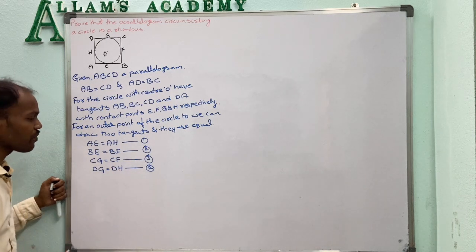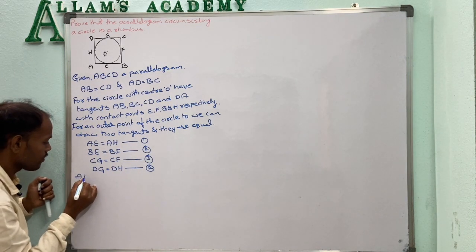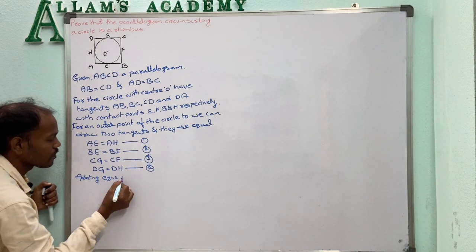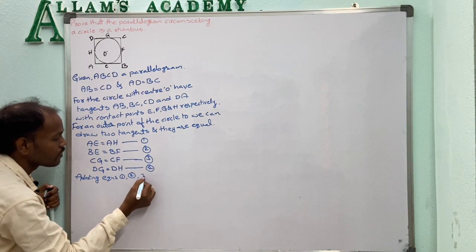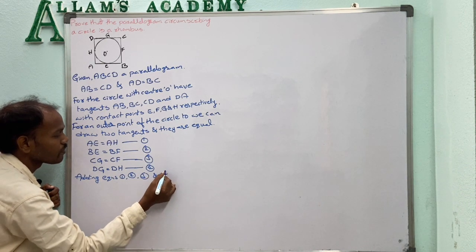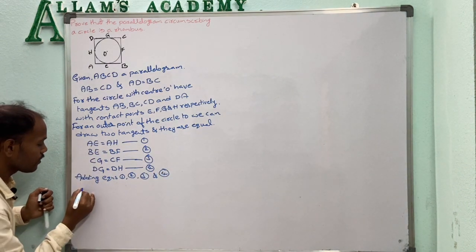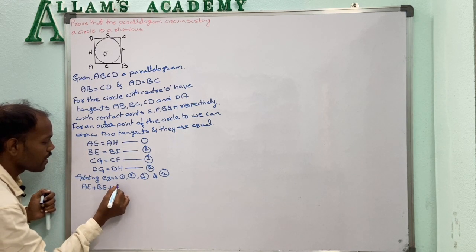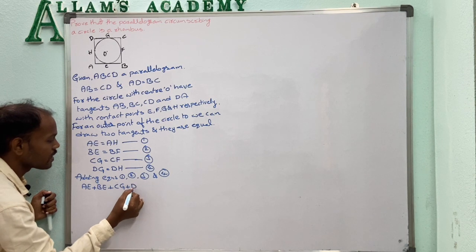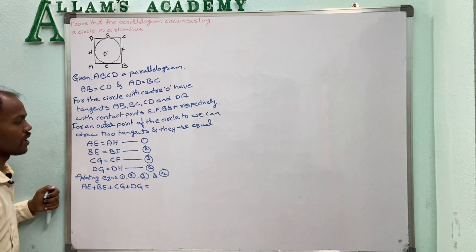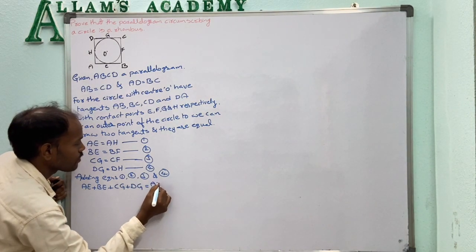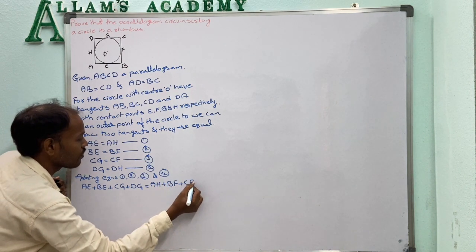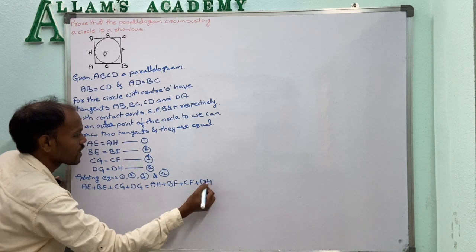Now adding these four equations, AE plus BE plus CG plus DG equals AH plus BF plus CF plus DH.